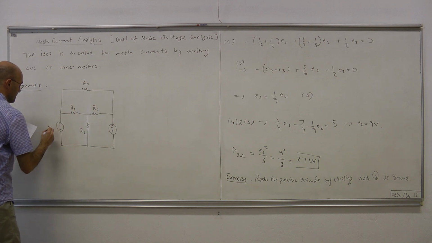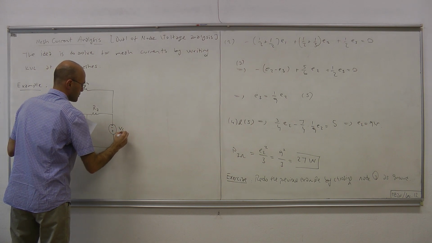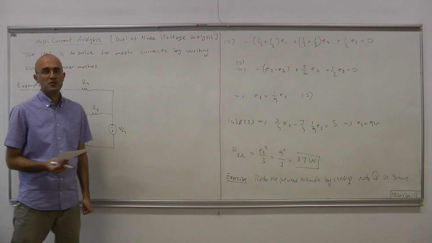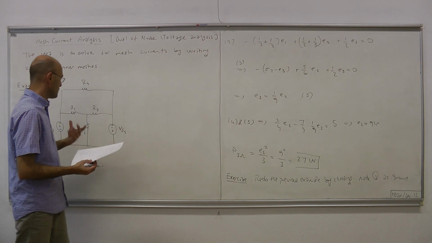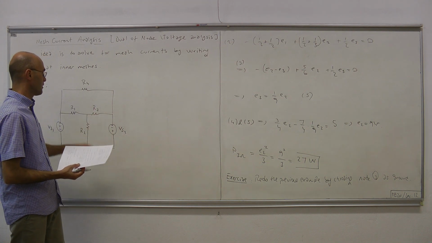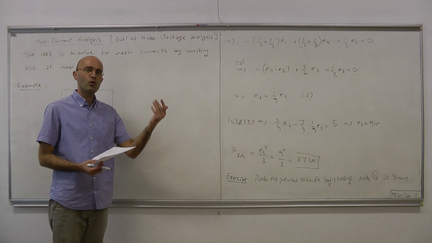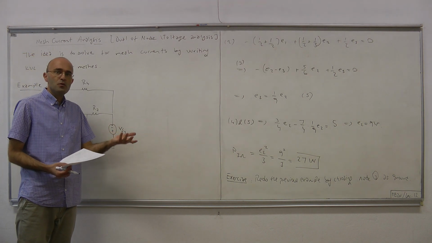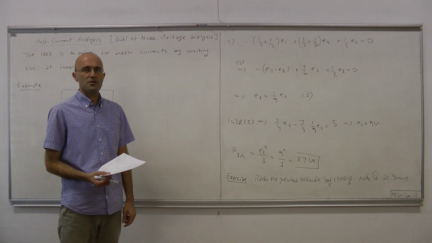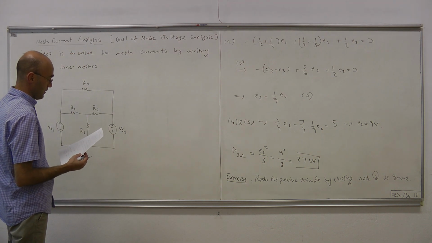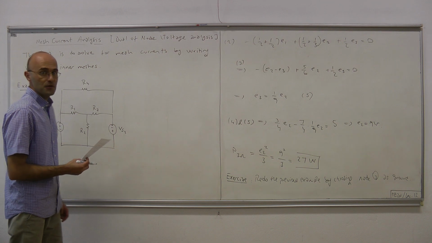This is VS1, and this is VS2. Okay. Now, with the node voltage analysis method, we were happy with current sources. Now we're happy with voltage sources, because we write voltage equations, and whenever you have a voltage source, you directly know what the voltage is. Okay, so these are good guys for mesh current analysis.